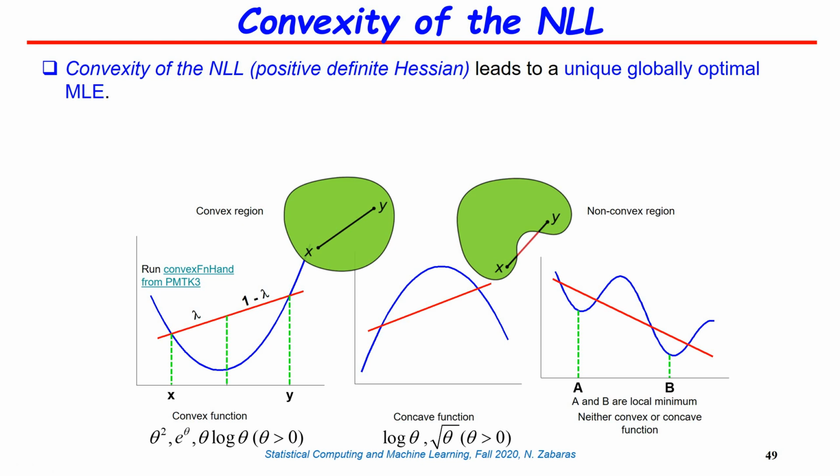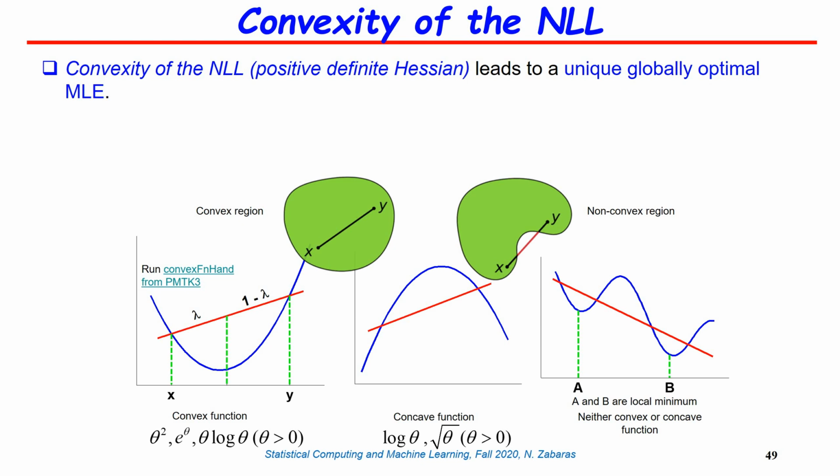But let me just say that there is a unique MLE estimate for these Gaussian models, and this has to do with the fact that if you look at the negative log likelihood, it has a unique minimizer, because it's a convex function.